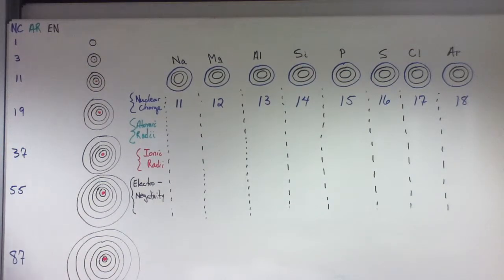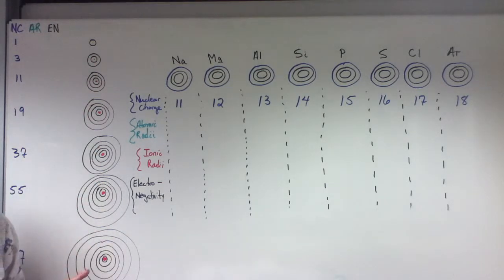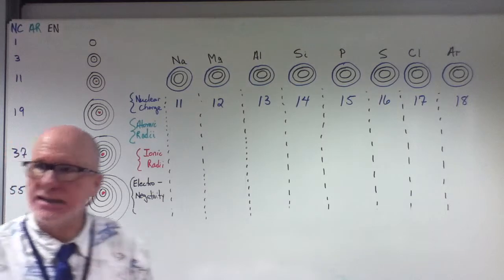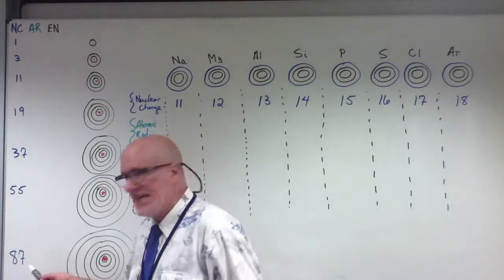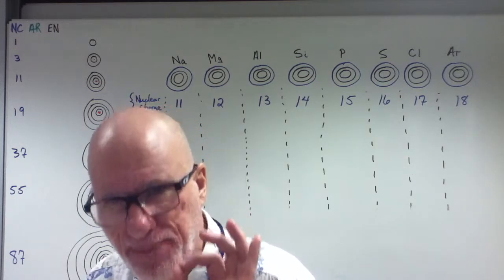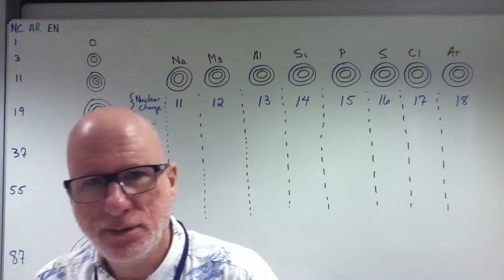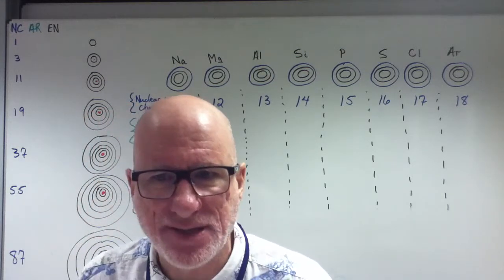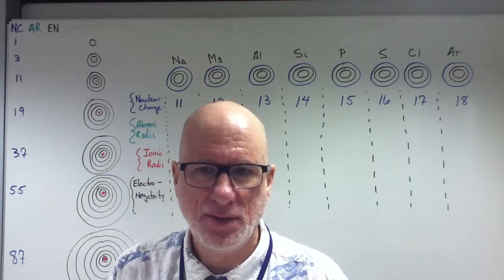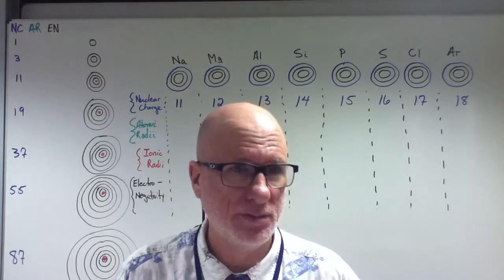Okay, so what's happening to the nuclear charge as I come down the column? It's getting bigger, right? It's getting much bigger. Look at this. This nuclear charge, listen very carefully. This is big. Can you imagine if someone was 87 times older than you?